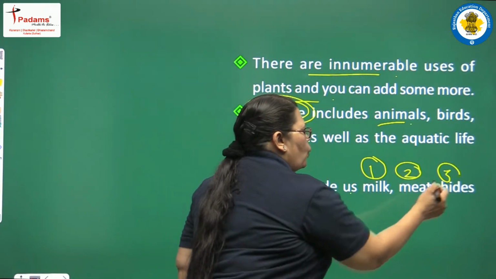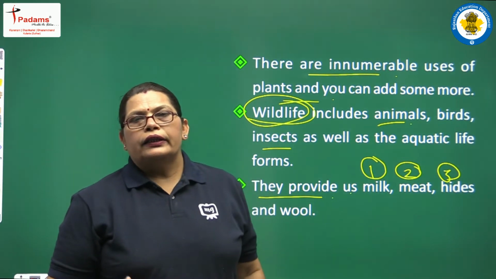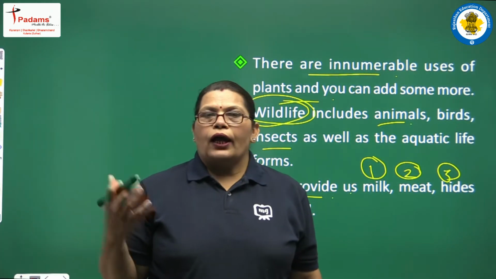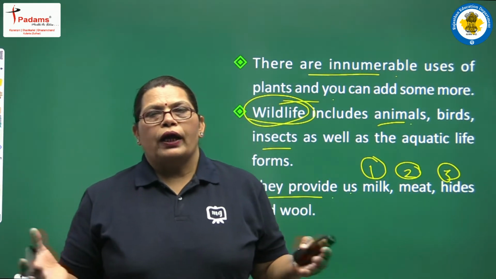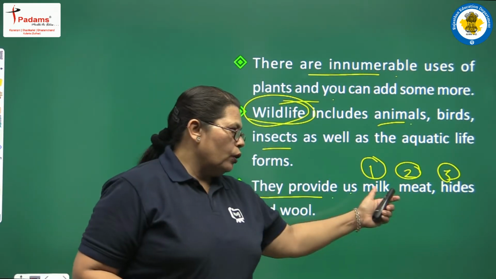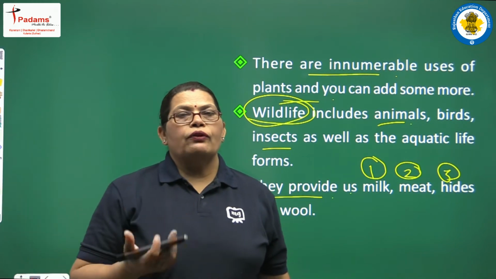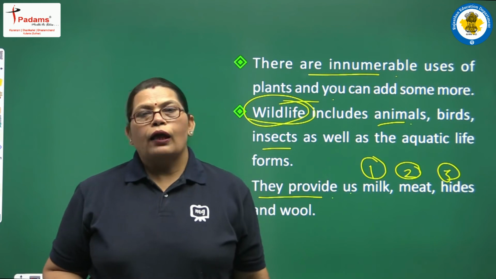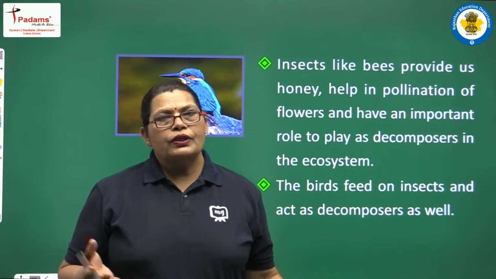Then hides and wools are also provided by these animals, birds, insects and other aquatic life members. From the aquatic life members you get all meat material and other things. So lots of things are helpful in our day to day life with the help of these wildlife resources.